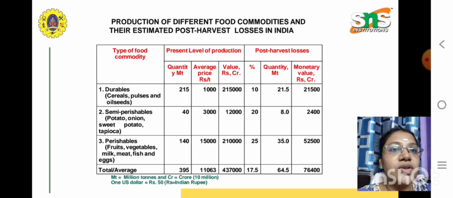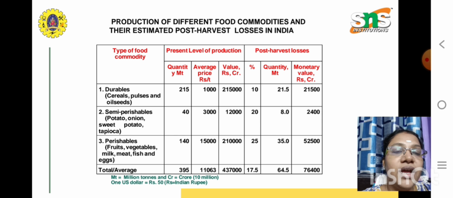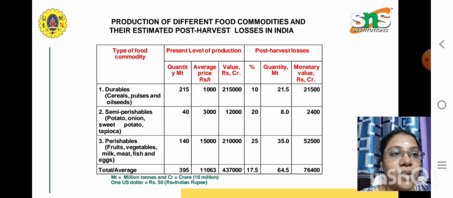So when we look into this table, it will show us the production of the different food commodities and their estimated post harvest losses in India alone. So when we take the food commodity, in this presentation we are going to see about the cereals, pulses and oil seeds.